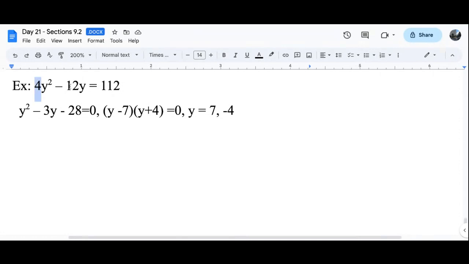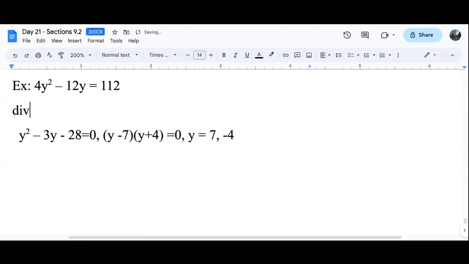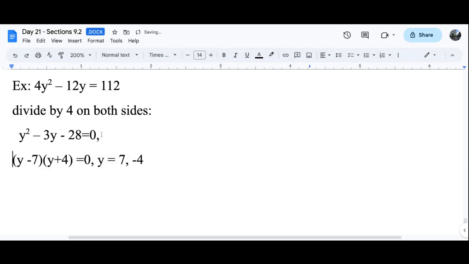Maybe we see 4 is a factor. Is this 4 is a factor? Let's see. Yes, 4 is a factor. So we can divide by 4. If 4 is a factor of every term, we just divide by 4 on both sides. Right. If we do that, we get this.